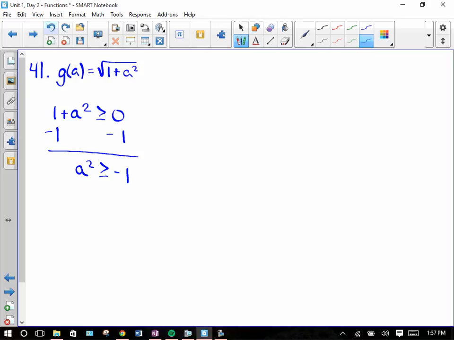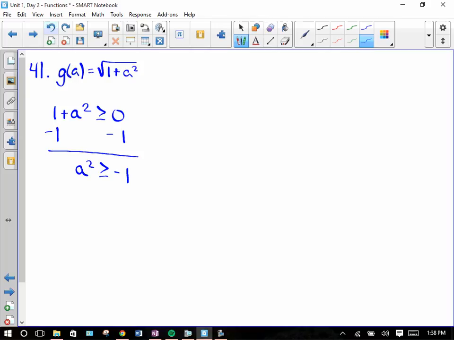Someone says it can be i. Well, i squared is -1, but we're talking about real numbers. Whenever you square a real number, it's going to be positive. You cannot get a negative number when you square a real number. So a can be whatever it wants. A squared is always going to be positive, correct?